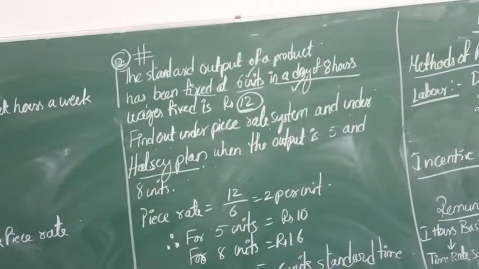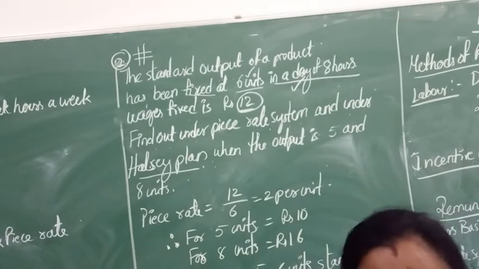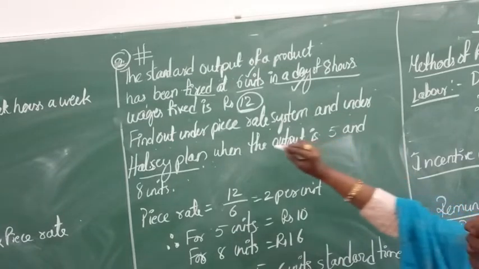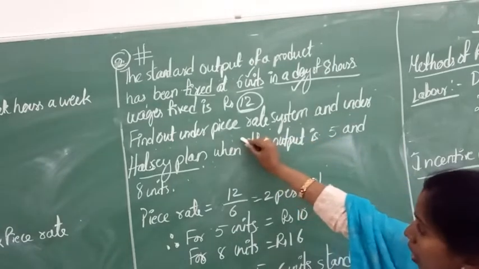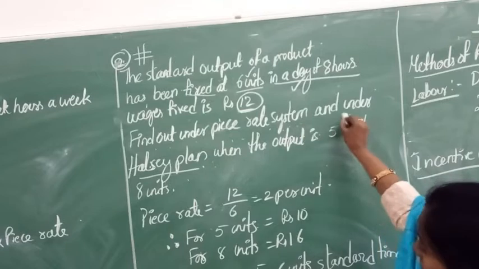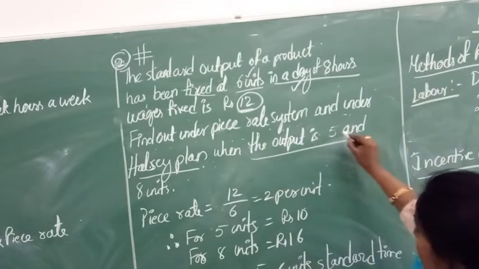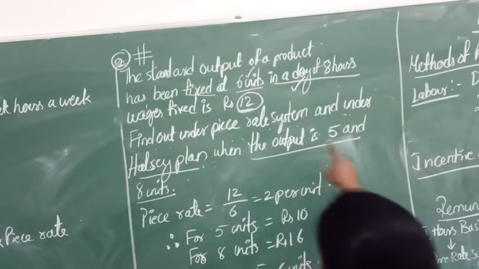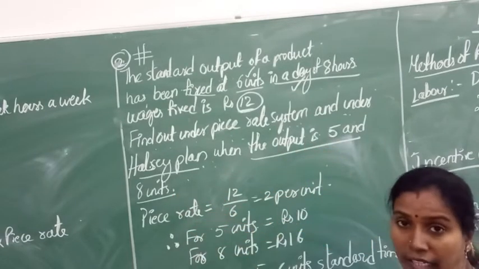You can see the problem. He told us to find out the piece rate system and the Halsey plan, when the output is 5 units and 8 units.